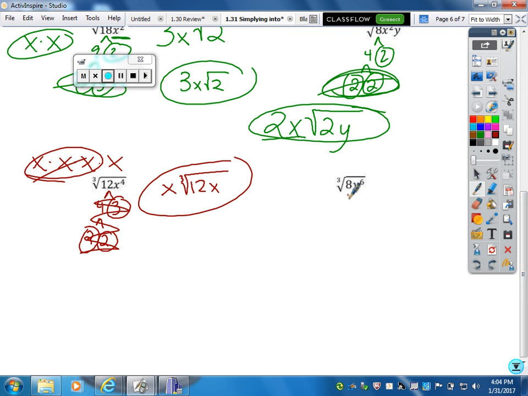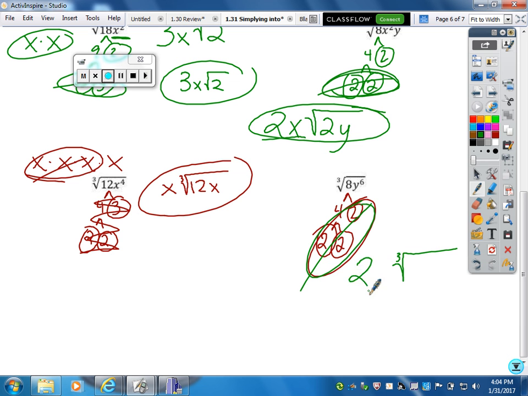Alright, last example. 8. So I'm going to say 4 and 2, and then I've got 2 and 2. So I've got 3 2's right here, so it gets out of my cube root. So I've got a 2 out there.